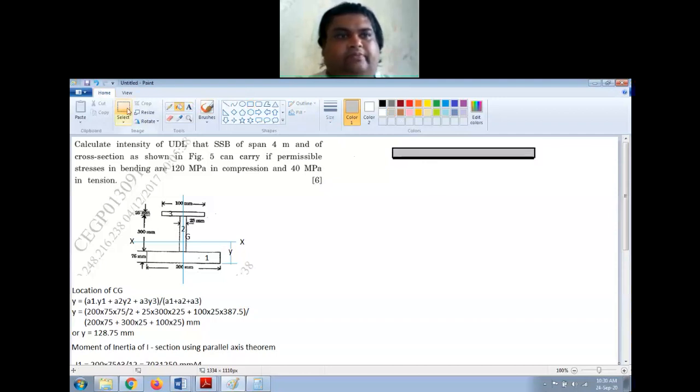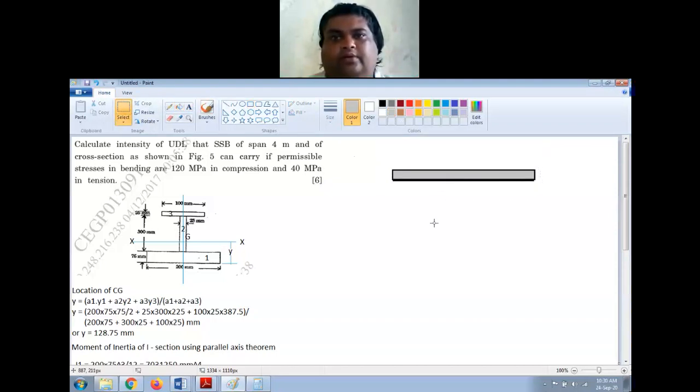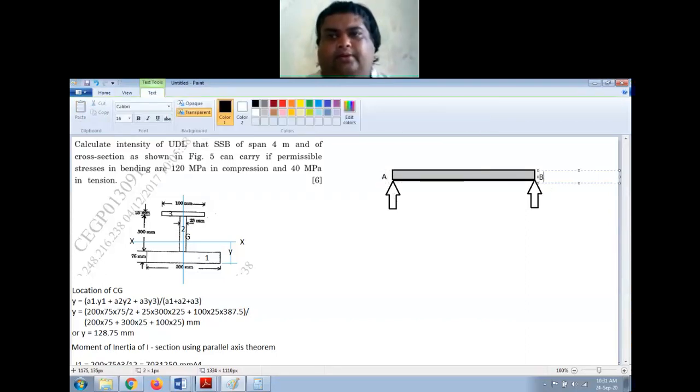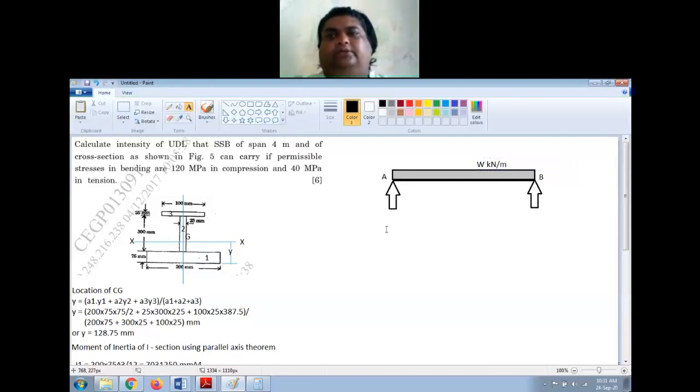This is easy for me. So there will be a reaction at the bottom on this side, and another reaction here. I'll name these points A and B, and this is W kilonewton per meter. Okay, this is my given.